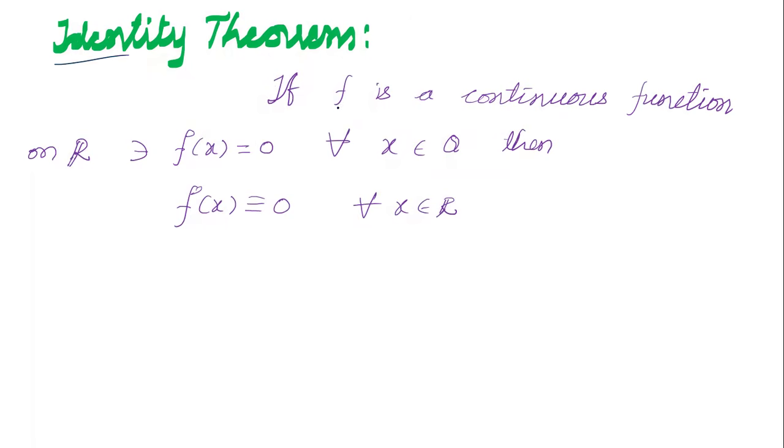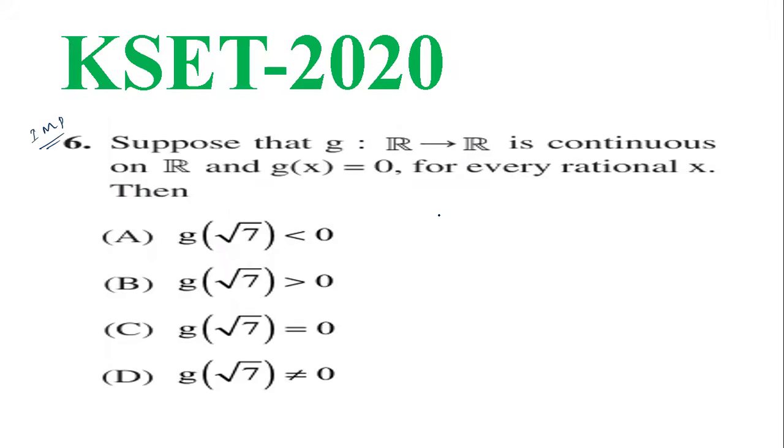That means if f is a continuous function on the real numbers R such that f of x equal to 0 for all x belongs to Q, that means for all rationals, then f of x is identically equal to 0 for all x belongs to R. Now g of x is 0 here, by the identity theorem.